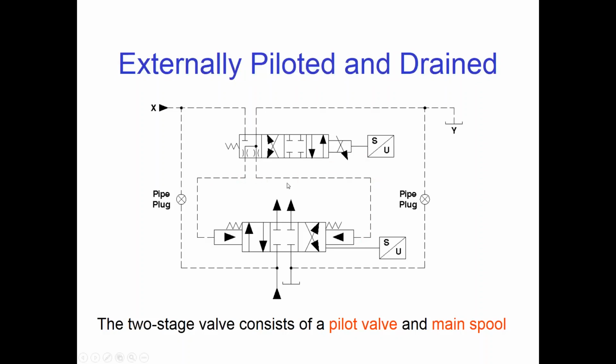And you see that we're connected to an external drain line over here. We have pipe plugs that are blocking the internal pilot and drain lines, so that whenever we shift into this float fail-safe position, then any pilot pressure on either side is going to be bled back to tank.